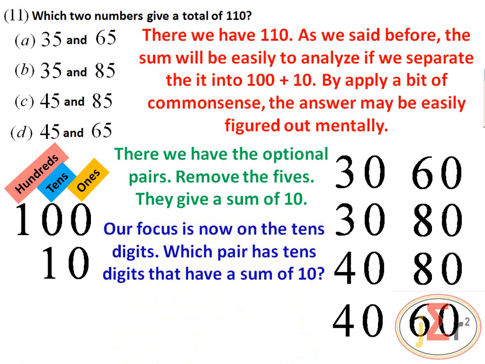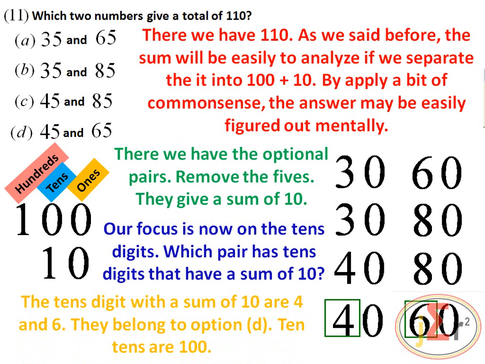Our focus is now on the tens digits. Which pair has tens digits that have a sum of 10? Which pair gives a sum of 10? The tens digits give a sum of 10. 40 and 60. Right. 40 and 60.